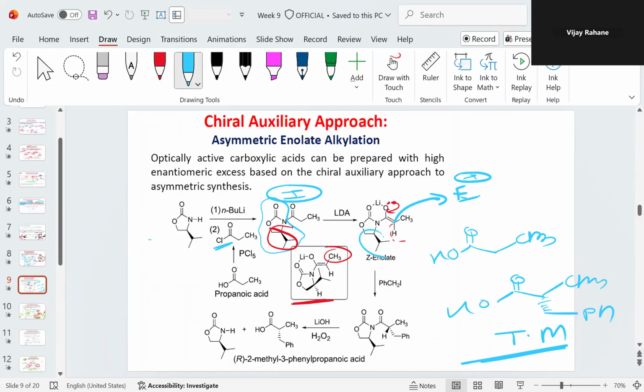but there is a problem. If you do the attack on the upper side, because of the steric bulkiness, this electrophile cannot come in the vicinity of the reaction center. However, if you perform the attack on the bottom side, it is feasible because there is no such steric bulkiness there.